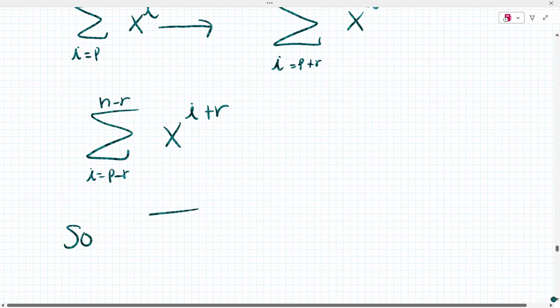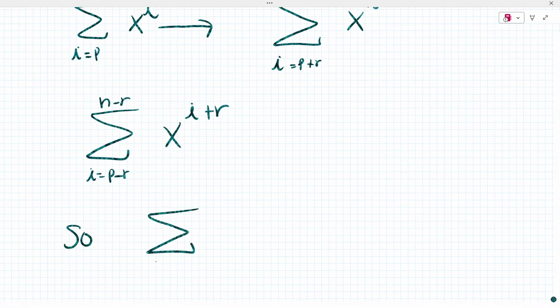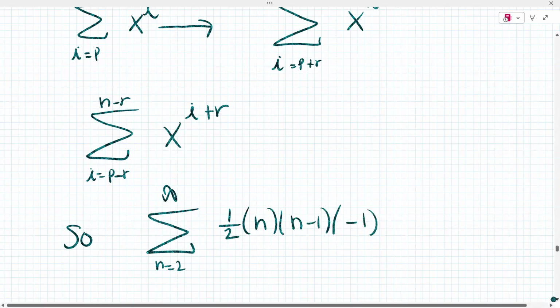So the summation n equals 2 to infinity of 1/2 times n times n minus 1 times negative 1 raised to the n minus 2 times x to the n minus 2.